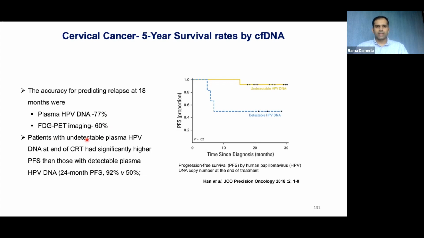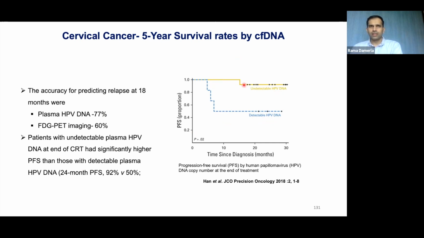And patients with undetectable plasma HPV DNA at the end of radiation therapy had higher progression-free survival compared to those with detectable plasma levels. So if you detect HPV after treatment, these patients tend to fare much worse compared to an undetectable level of HPV DNA.